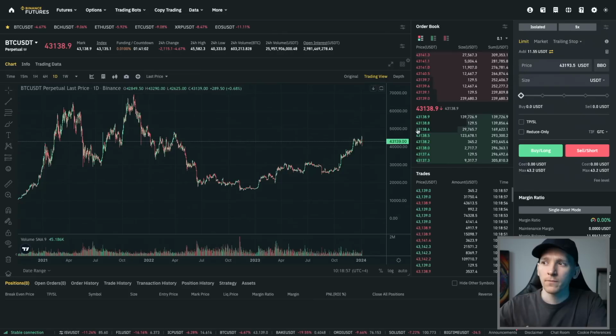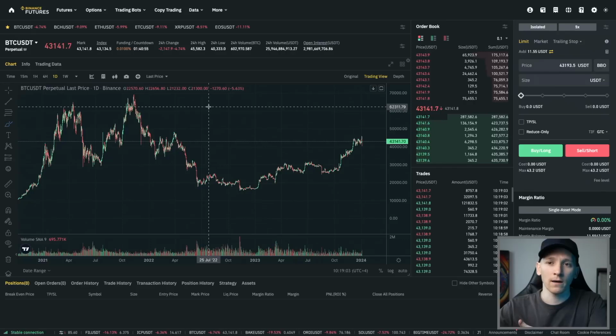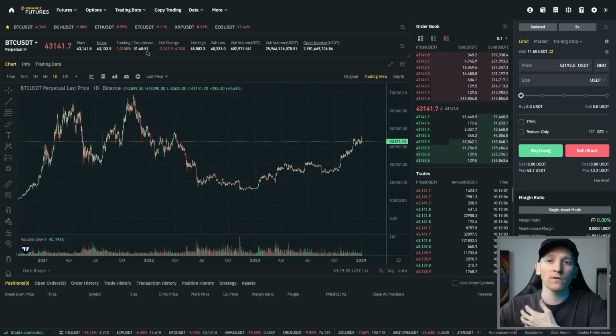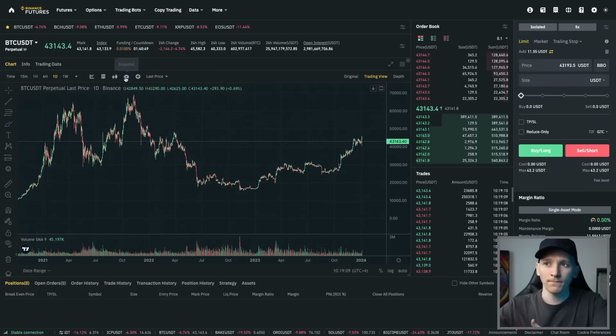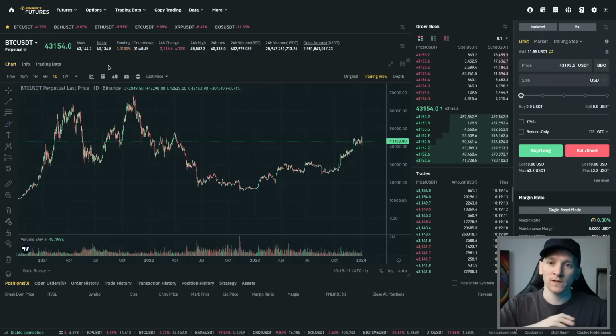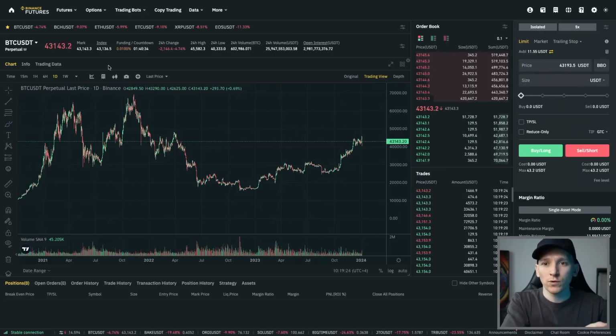So, for example, if there are too many buyers in the futures market pushing the price up higher than the spot price, what will happen is that those longs who are buying have to pay a funding rate to short sellers, because the longs are being penalized for pushing the price away from the spot price. That funding rate is paid from longs to short sellers.